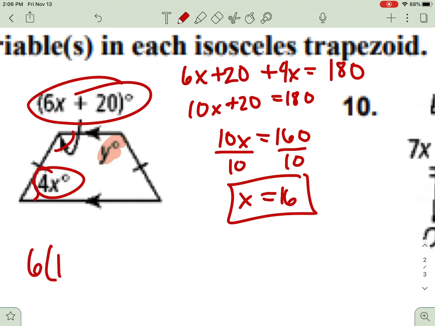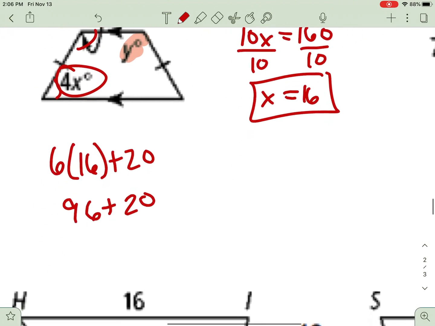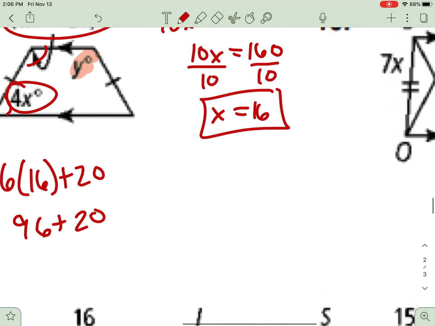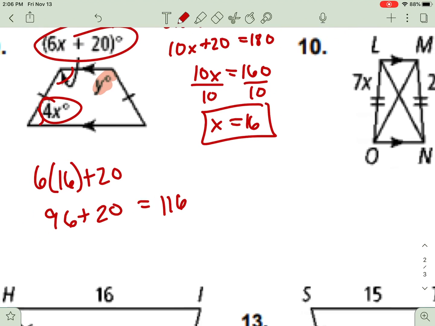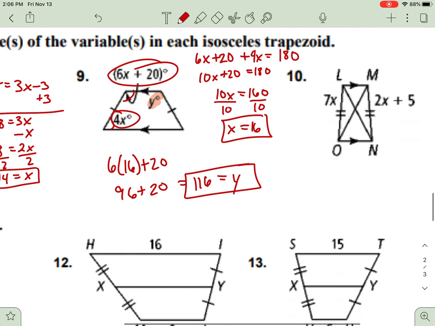So 6 times 16 plus 20 gives us what? 36, carry the 3 is 96 plus 20. So that would be 114. No, 116. Duh. Okay, equals y. All right, so 2 answers for that one.